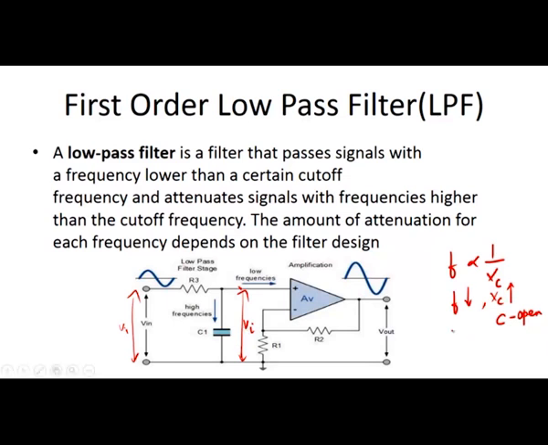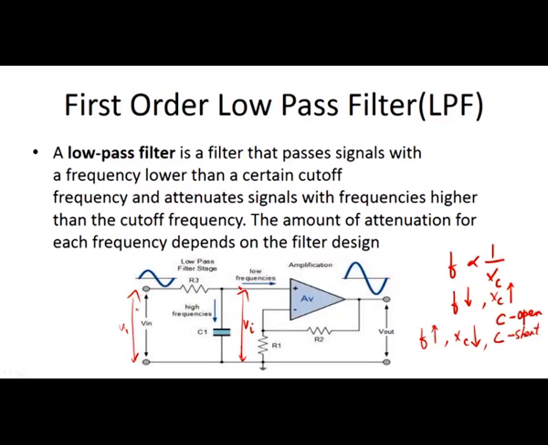So, the output is the amplified version of this input signal Vi. This R and C setup allows the lower frequency signals, and it has to attenuate the higher frequency signals. If the frequency is very high, then the capacitive reactance is very low, and the capacitor will act as a short circuit.